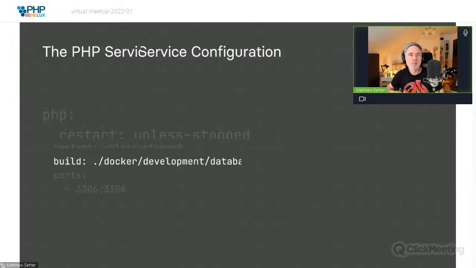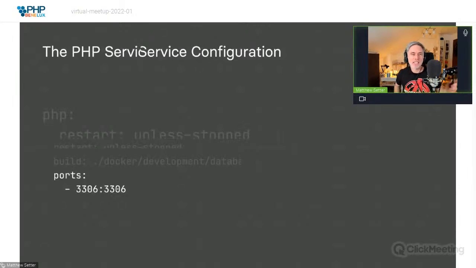And finally, it maps port 3306 in the container to port 3306 on the host machine, so that tools such as the MariaDB or MySQL command line client, or a full-blown GUI tool such as DataGrip or the database tool inside PHP Storm, can be used to administer and interact with the database.